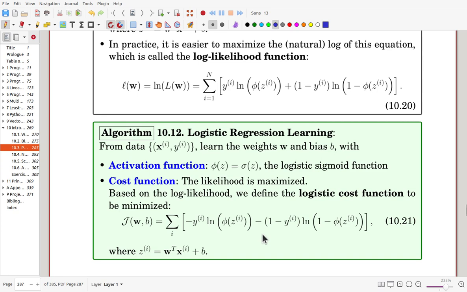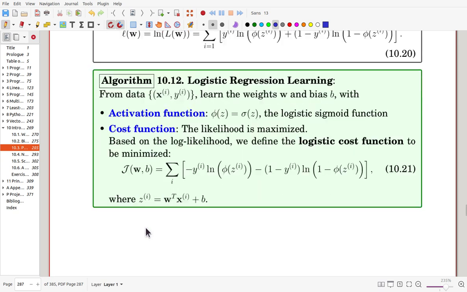How? We can do that by using the gradient descent method. So we need to calculate the gradient, and the negative gradient is scaled by eta and used to update the parameters, the weights and bias.